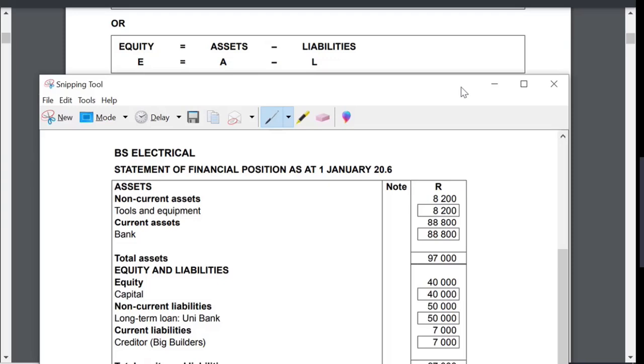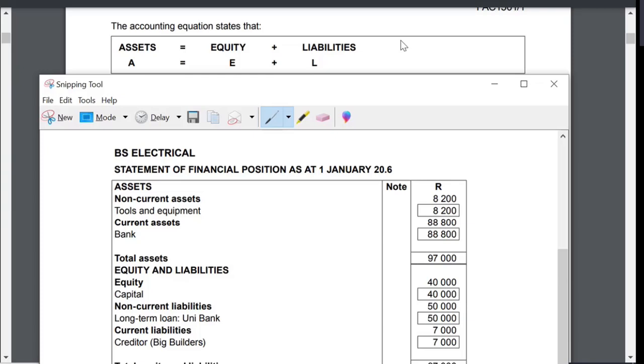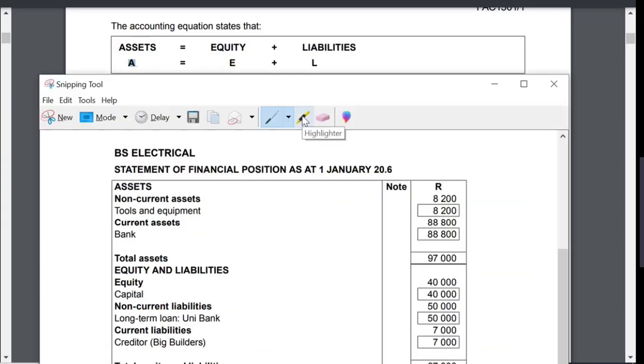So we have 40,000. When we look at the first accounting equation, it says assets equals equity plus liability. So we put in assets, which is 97,000, equals equity, which is 40,000, plus 57,000. Can you see where I get the figures? It balances.